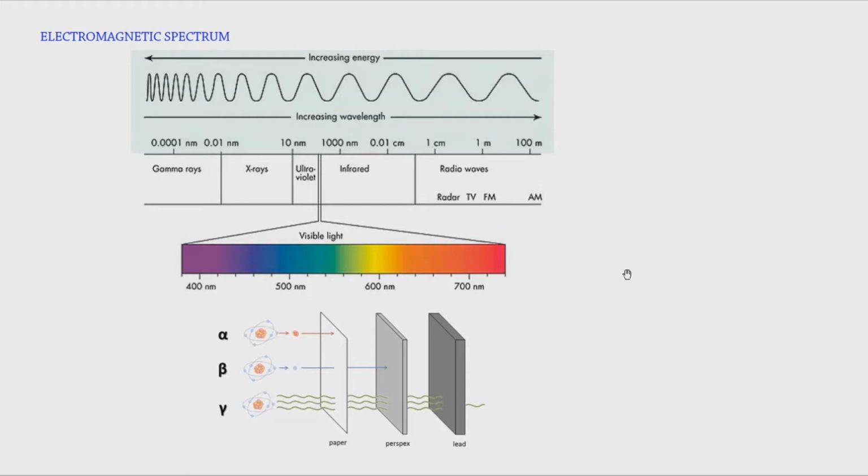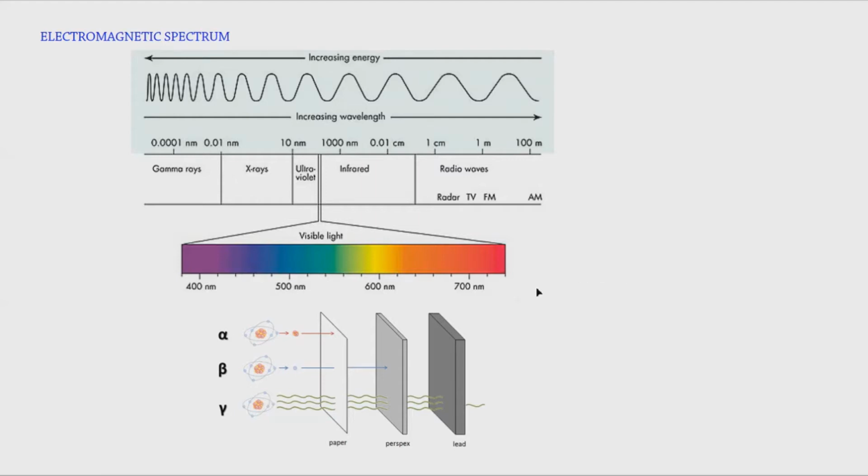They're inversely proportional. That's why gamma rays exist only when you're in contact with those materials that emit gamma rays, or let's say X-rays. And if you're quite far from those materials, then you won't get exposed to the radiation.